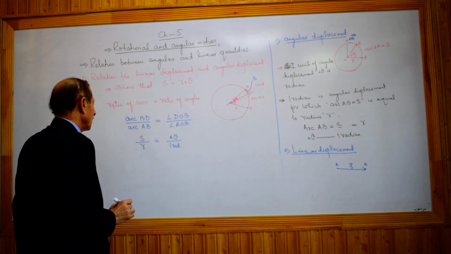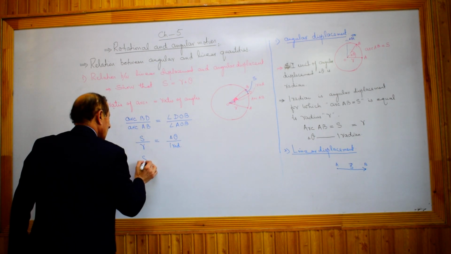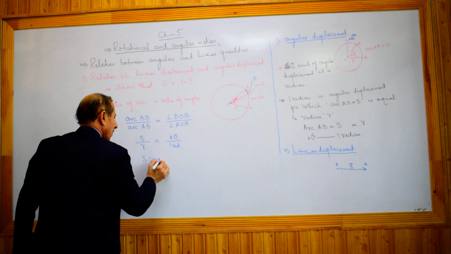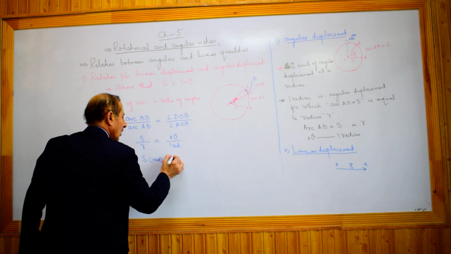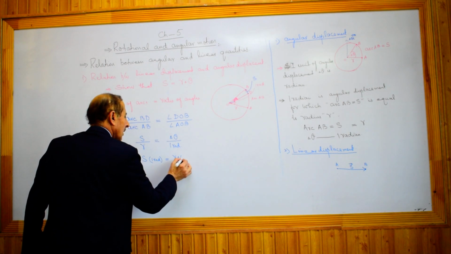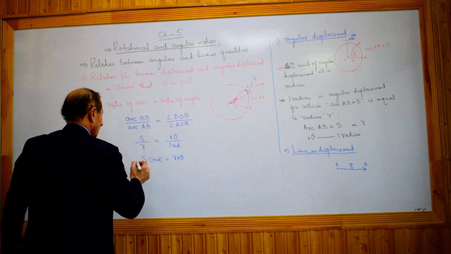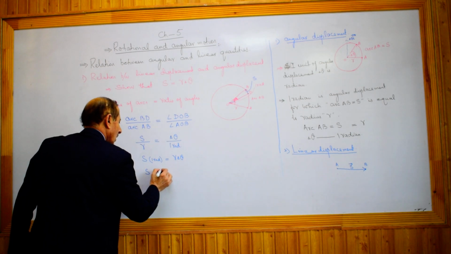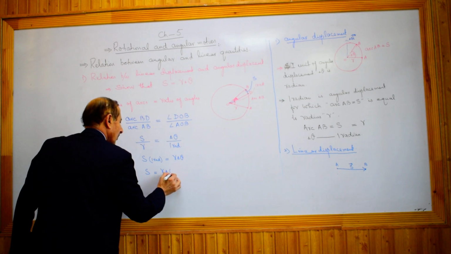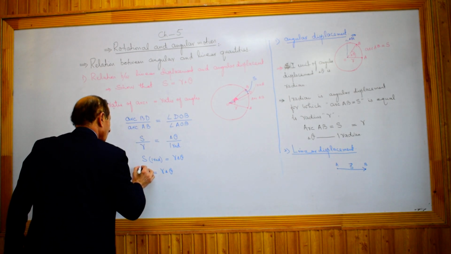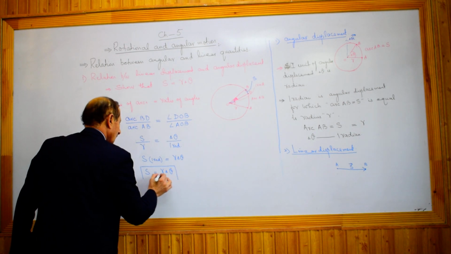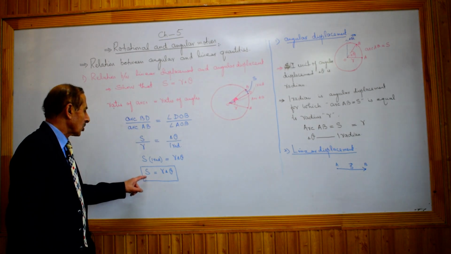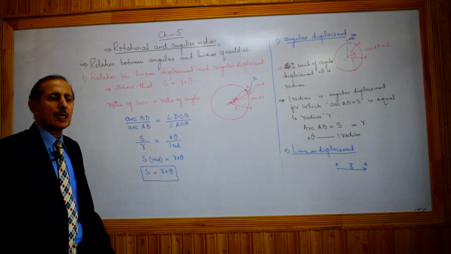Now by cross multiplication, S is equal to R delta theta. This is the relationship between linear displacement and angular displacement. S is the linear displacement and theta is the angular displacement.